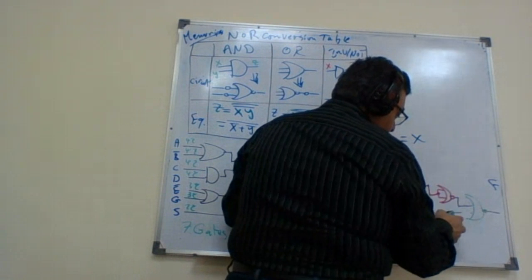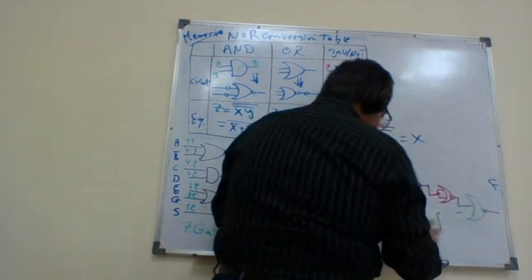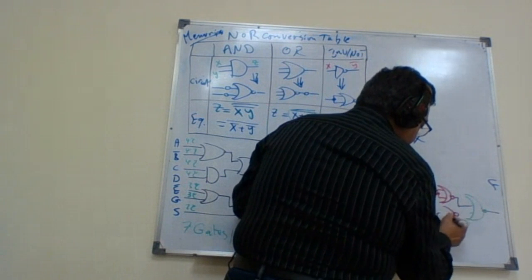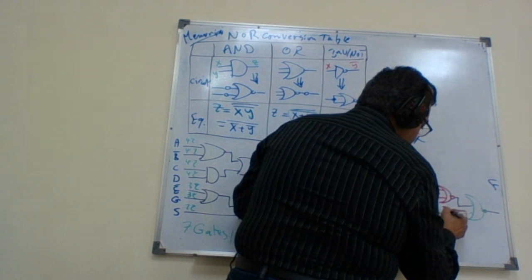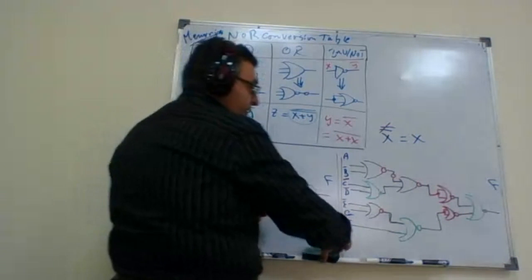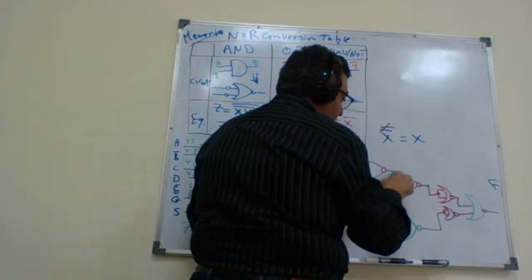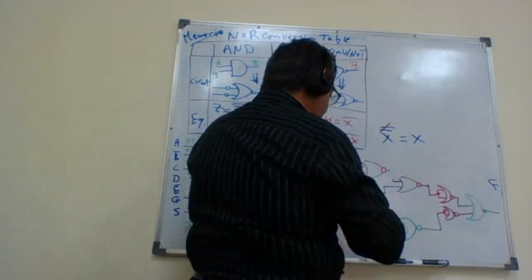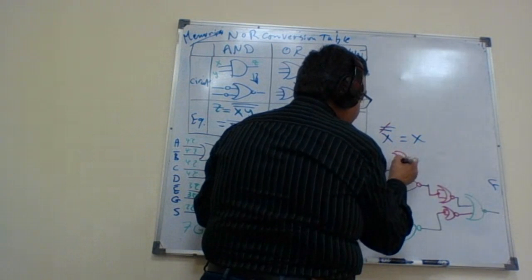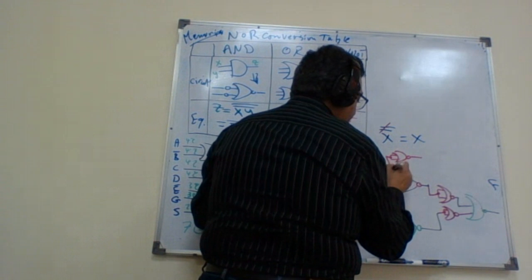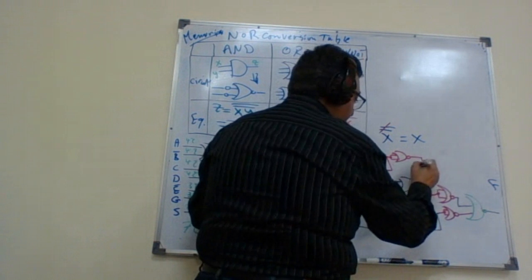I will remove the inverter and replace it with a NOR gate with two inputs connected to the same wire. Same thing we'll do here. Due to the space, I will just have the NOR gate here. Two inputs connected together and coming from here, and the output is connected there.